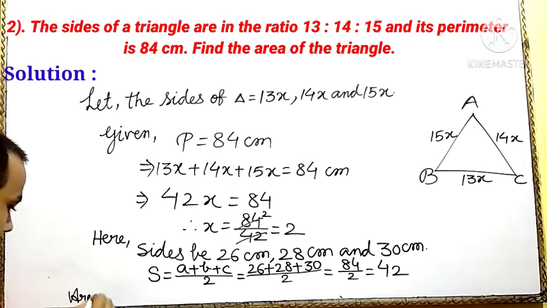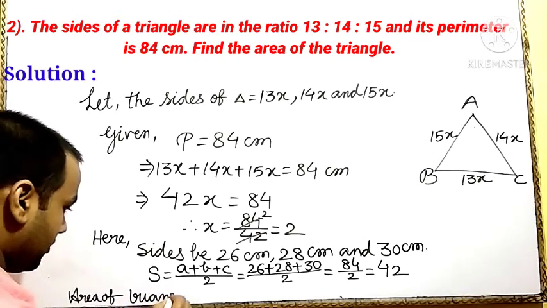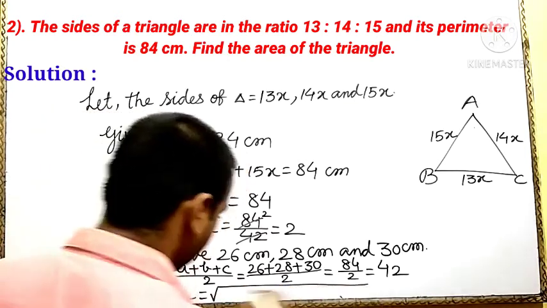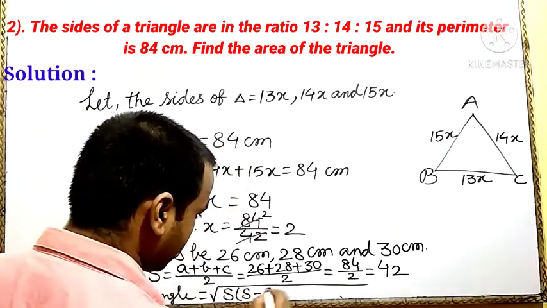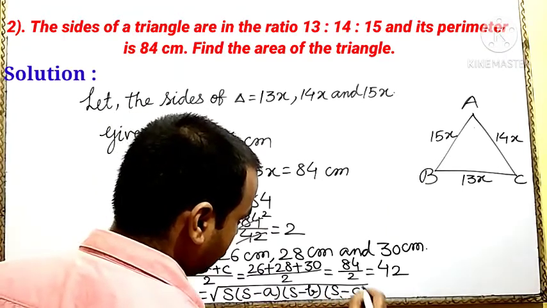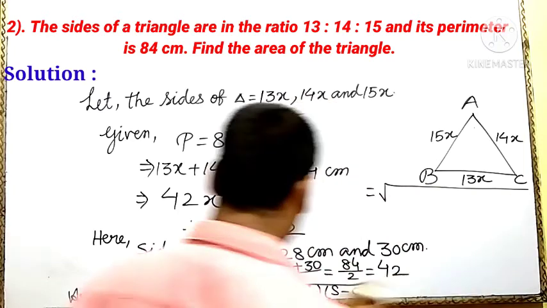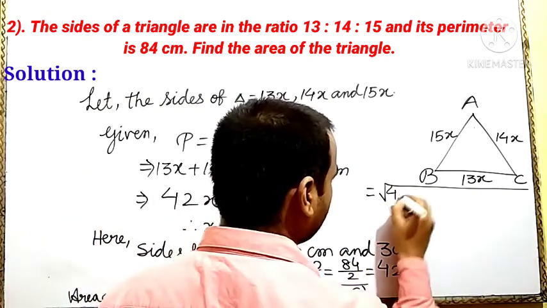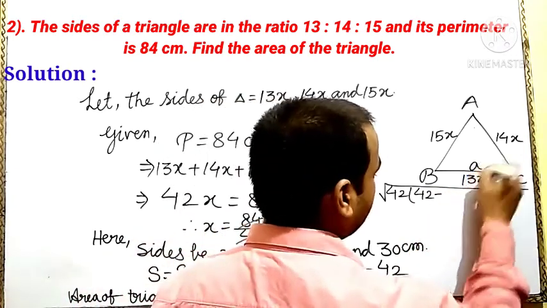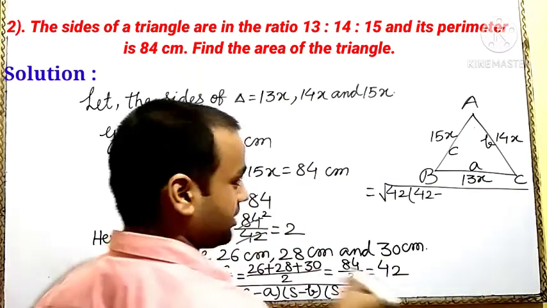The area of the triangle is equal to the square root of s into s minus a into s minus b into s minus c. Here put the values. S is equal to 42. 42 minus a, we let the sides be a, b, c, so a is equal to 13x, means 26.